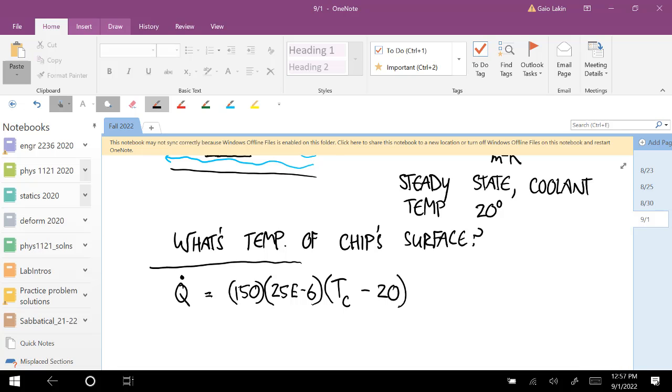If you multiply that out, you get a Q dot that's equal to 0.00375 T_C minus 0.075.